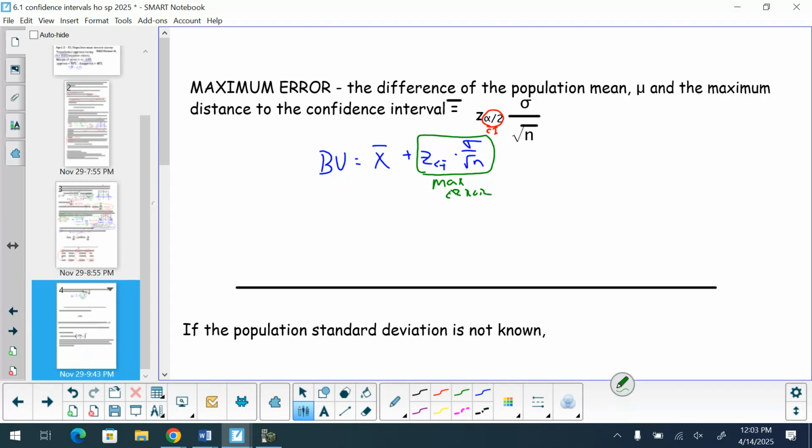So basically, your boundary values are plus or minus this maximum error. Or this is sometimes called margin of error.